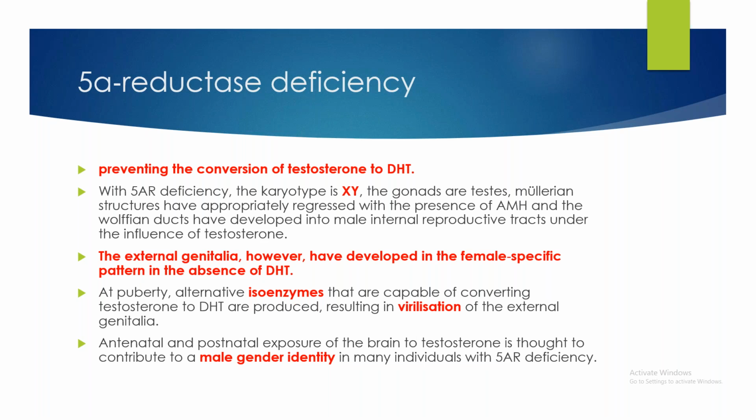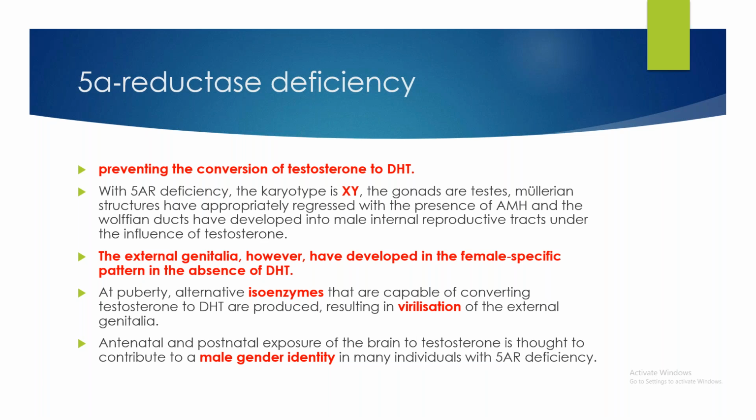So all other internal genitalia and karyotype are male, but external genitalia will be female. It is the same thing that happens with 17 beta hydroxysteroid deficiency. Because of isoenzymes at puberty, there will be virilization.